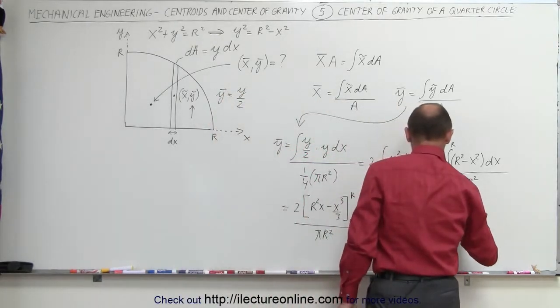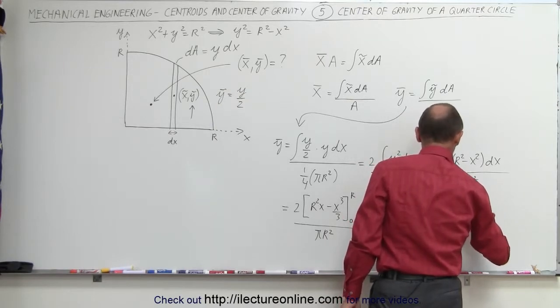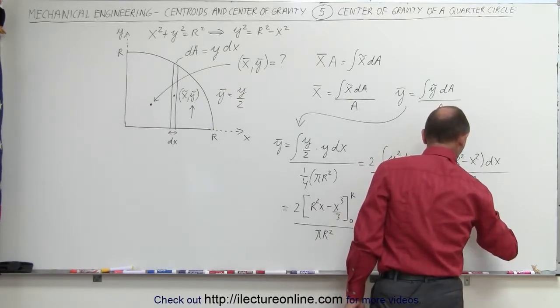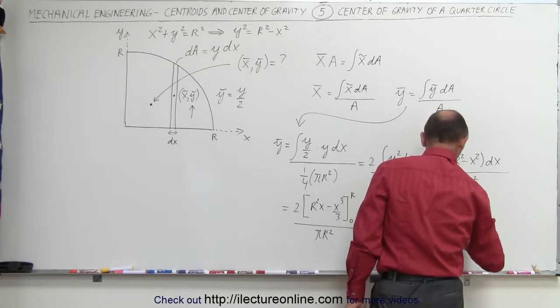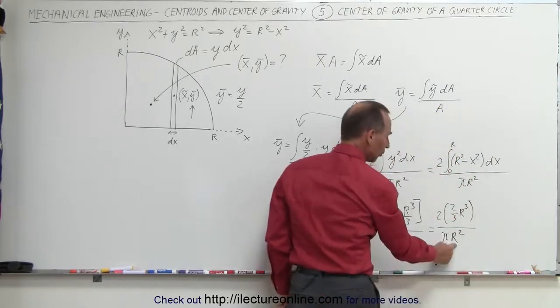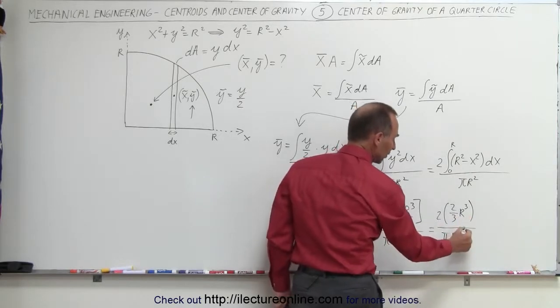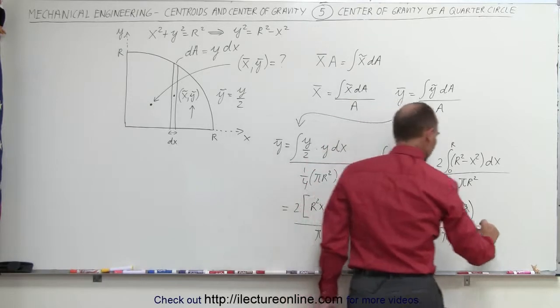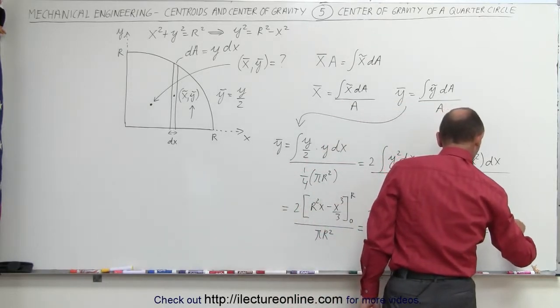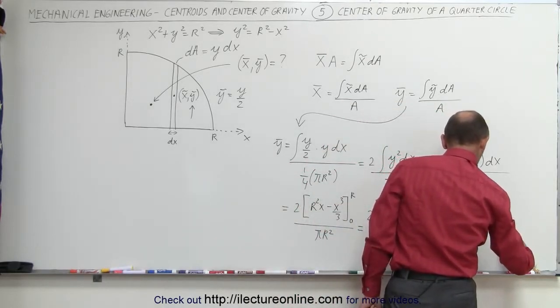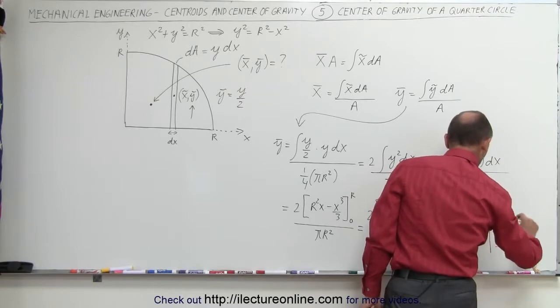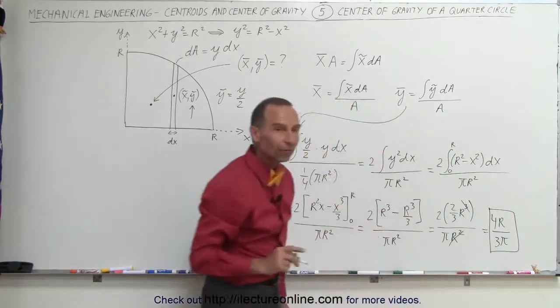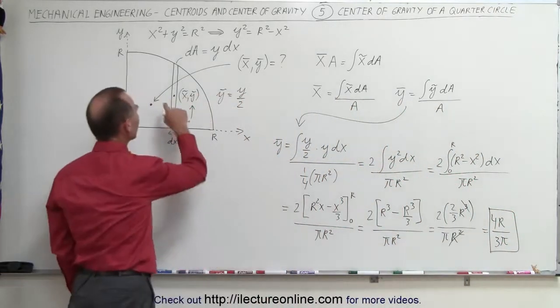So this is equal to 2 times 2/3 of an r cubed, in parentheses, no longer brackets, divided by pi r squared. Notice the r squared divides into the r cubed, so this cancels out, and I get rid of 2 of those. 2 times 2 is 4, so this is equal to 4r divided by 3 times pi, and that would be the y coordinate of the center of gravity of this particular object.